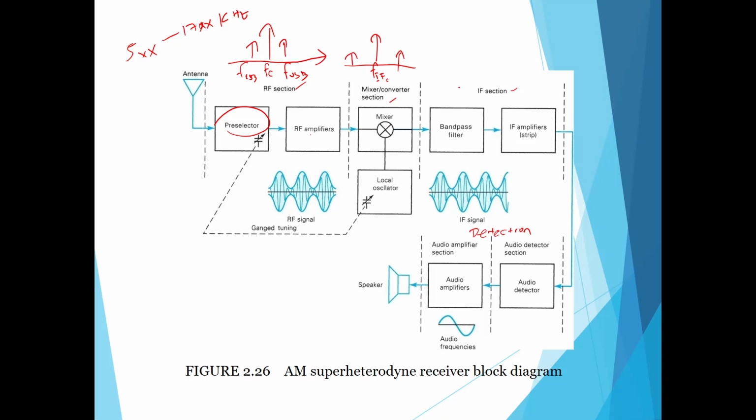And then the IF section has a sharp band pass filter, which will select only a single channel. You select a single channel, and then you amplify the output. Then we can do the demodulation process.